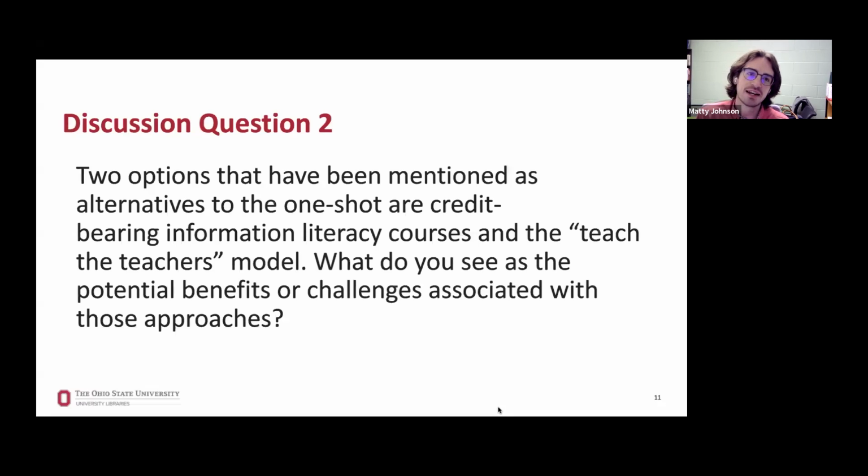But the other thing that I did want to go back to, thinking about Jane's definition of the idea of teach the teacher or faculty development, I feel like in a lot of her articles and her definition of faculty development, she includes TAs in that as well.